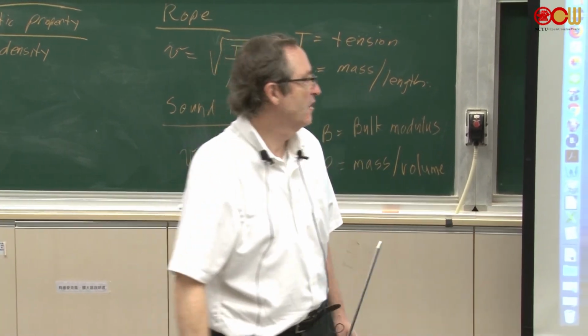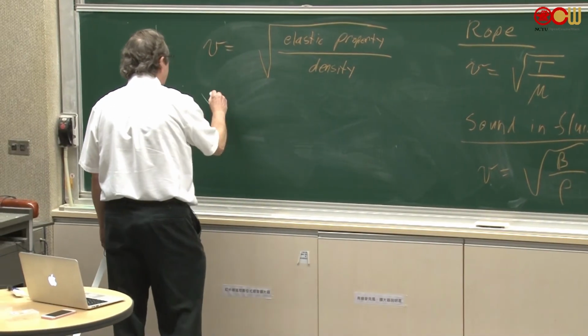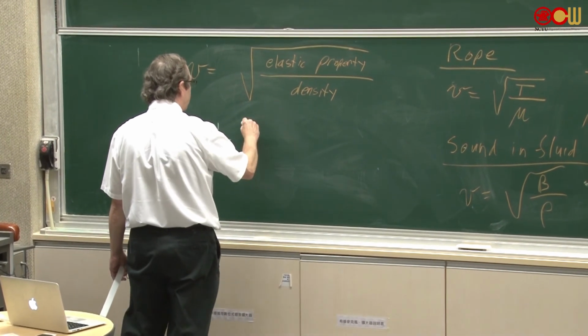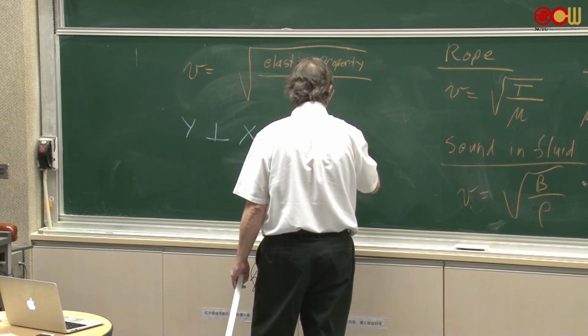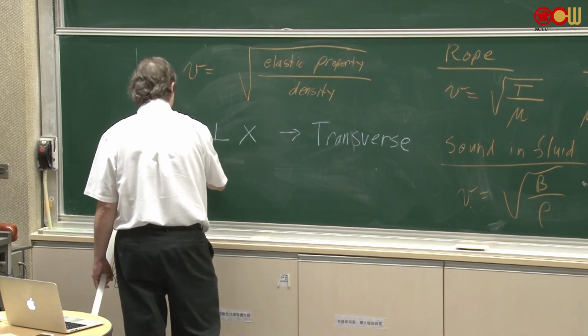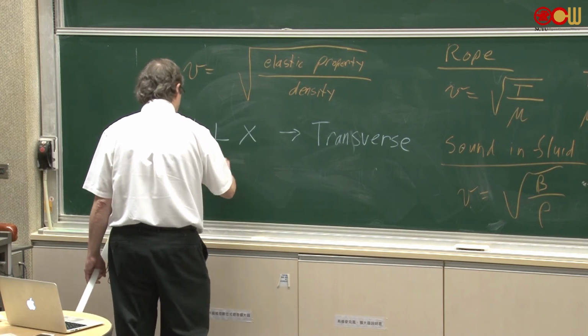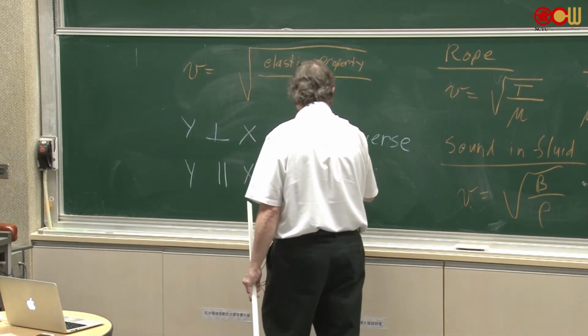All right? So let me write down those two things. So if y is perpendicular to x, that's called transverse. And if y is parallel to x, that's called longitudinal.